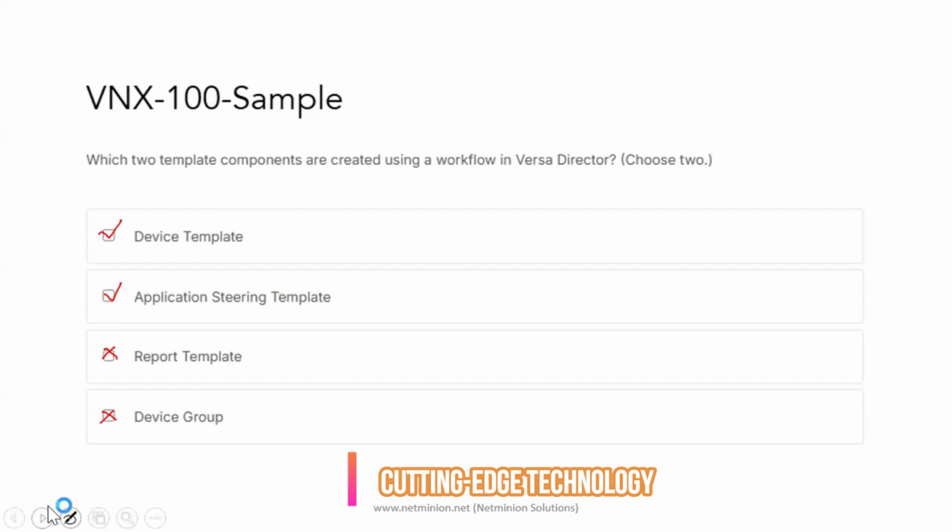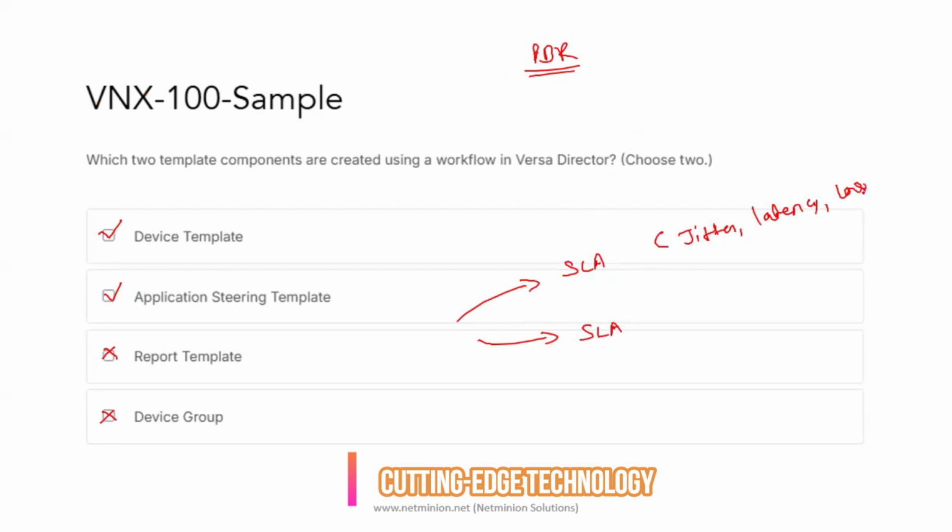So this is the application steering template, which is named as the forwarding template. If you remember, there is something like policy-based routing in our legacy routing. Similarly, here we can set up some kind of SLAs, service level agreements. In those SLAs, we can say how much jitter, how much latency, how much packet loss should be there for a link to be chosen.